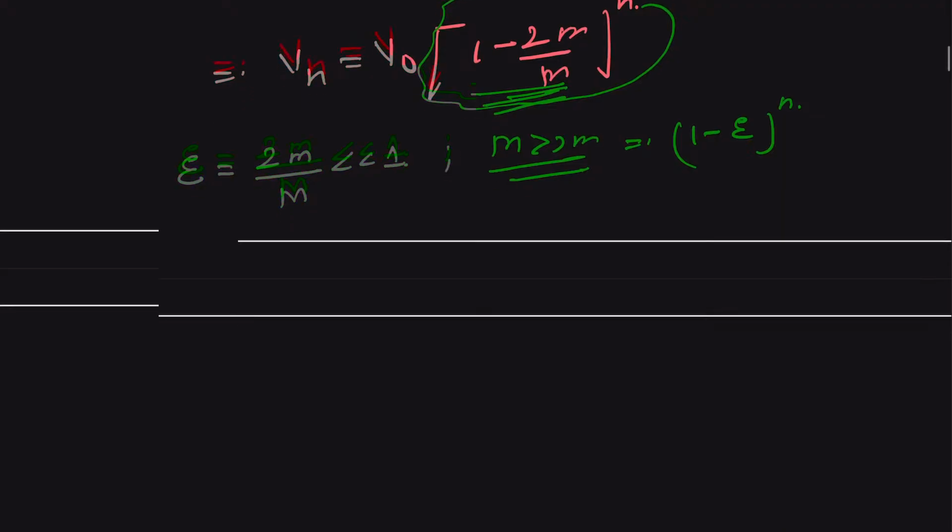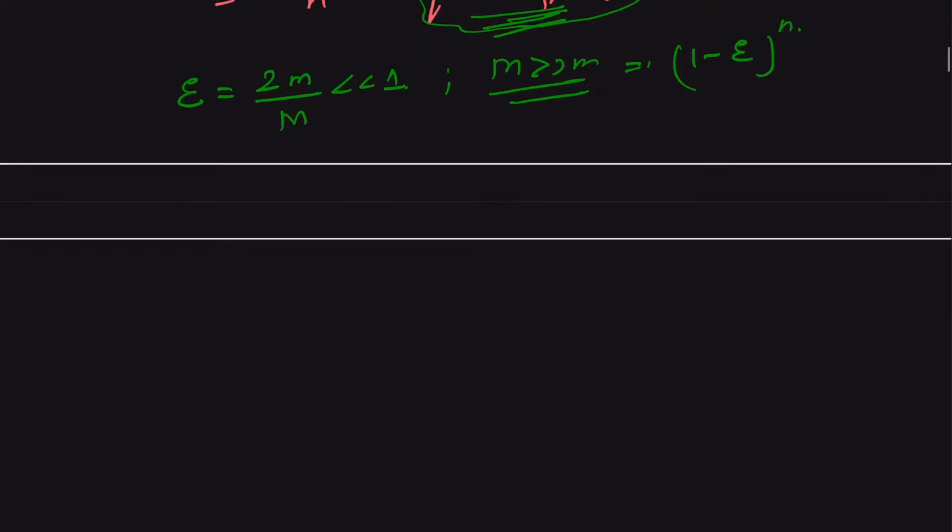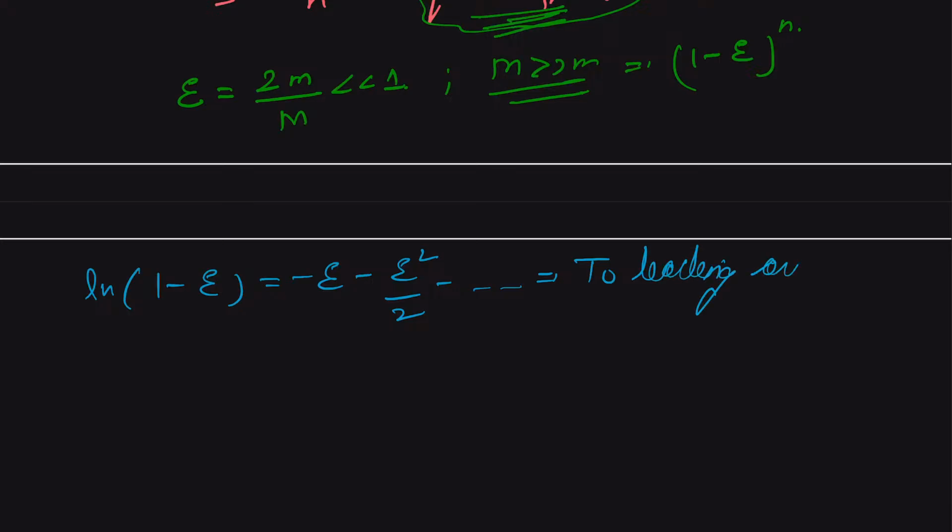We know the expansion of the term natural log of 1 minus epsilon, and it is minus epsilon, minus epsilon square upon 2, and so on. If we ignore the higher terms, which is sometimes called leading order, we can write that to leading order natural log of 1 minus epsilon is approximately minus epsilon.